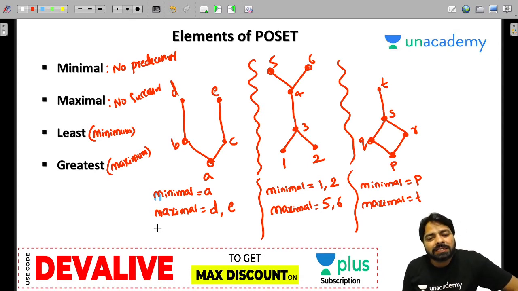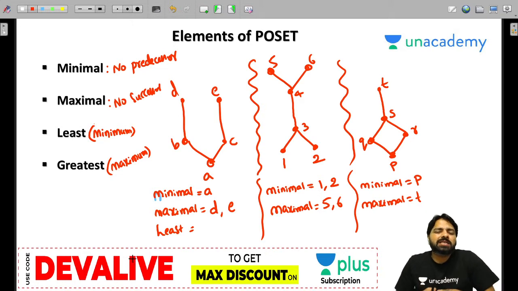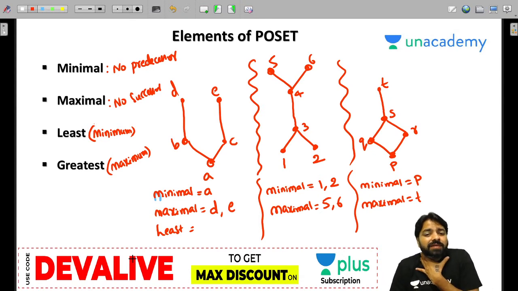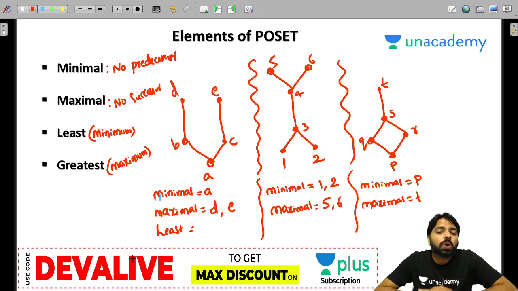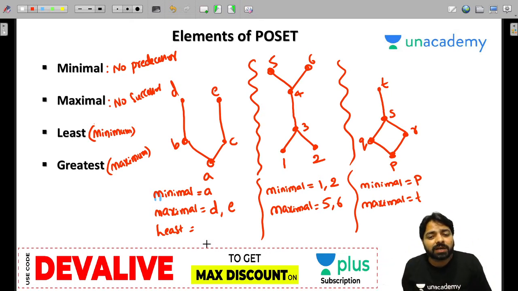Clear? But least means there is an element that is a predecessor to all the elements of the diagram. So is there any element? Sometimes least may not exist. When it exists, it is the predecessor to all elements of the diagram. That is A. And who is the least here?